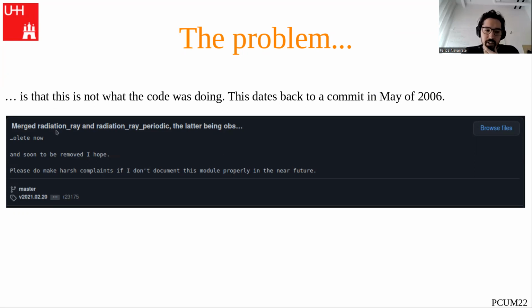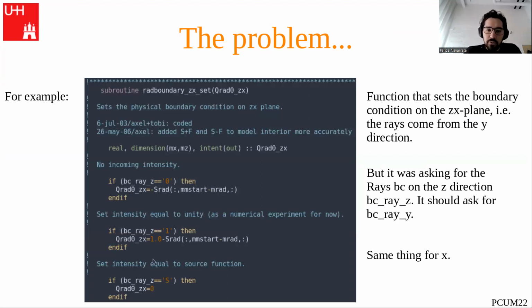So what happened here is that the radiation rate module used to be split in 2. There was one specific module that took care of the periodic boundary conditions. So for example, one of the issues here is that, as I showed you in this 1D test, there was no communication on the X and Y axis.